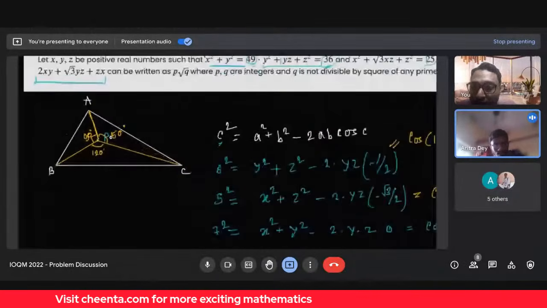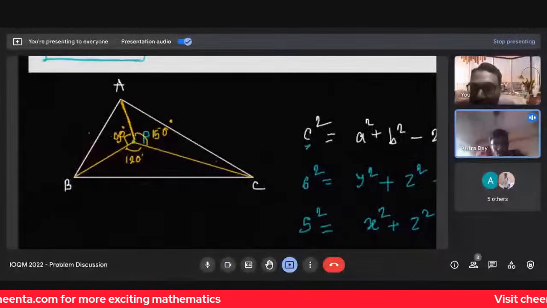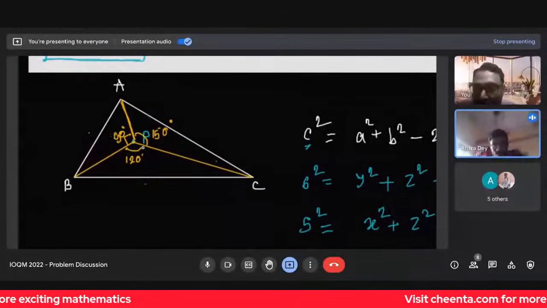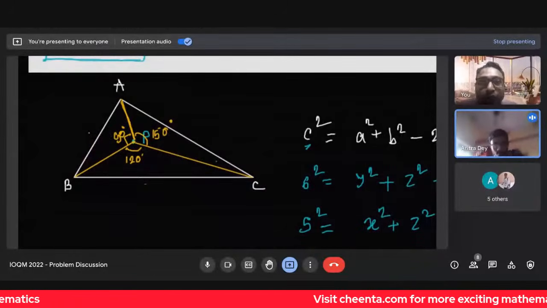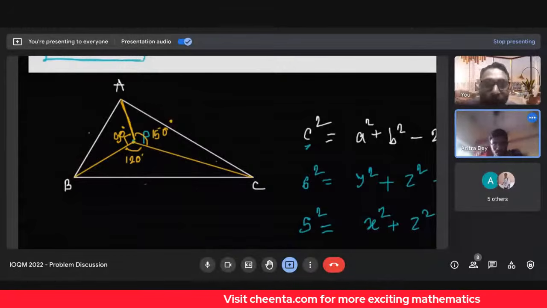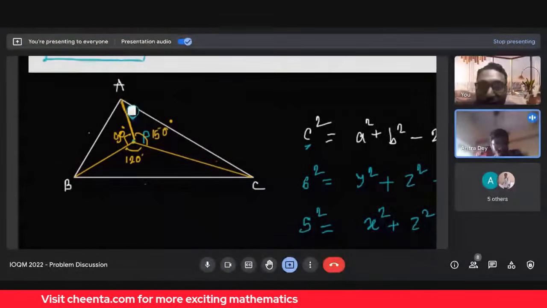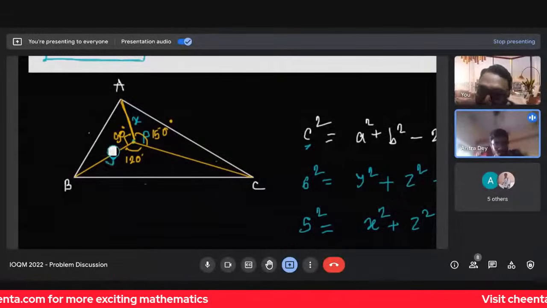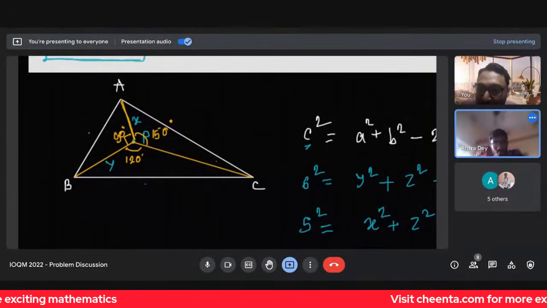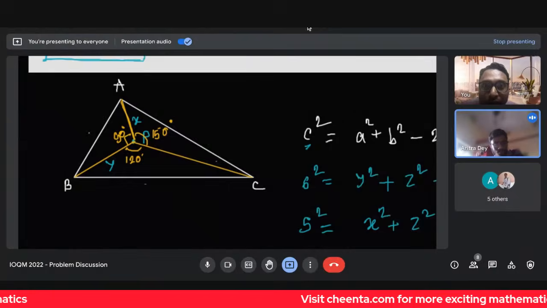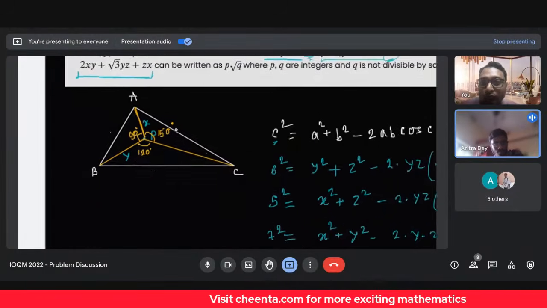Now you think of this particular length AP. See, 90 degree is the angle between X and Y. So you can think of this as X and this as Y. So observe that X square plus Y square, how beautifully it comes, is 7.